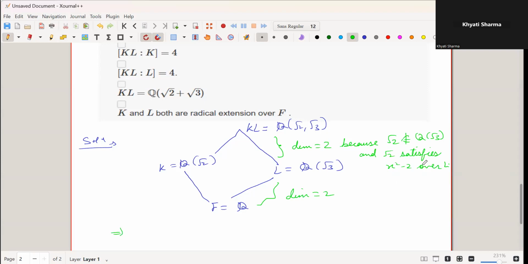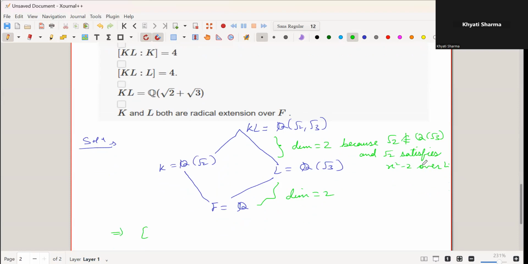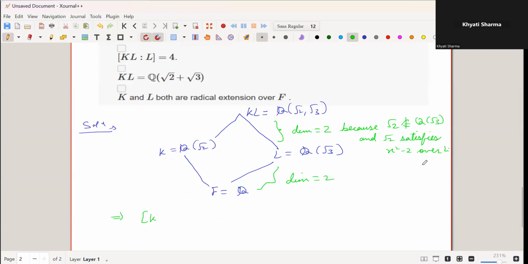So this implies KL over F has dimension 4, KL over L has dimension 2, and similarly for this part also the dimension is equal to 2, because root 3 does not belong to Q root 2, so it is outside this, so KL and K cannot be the same.